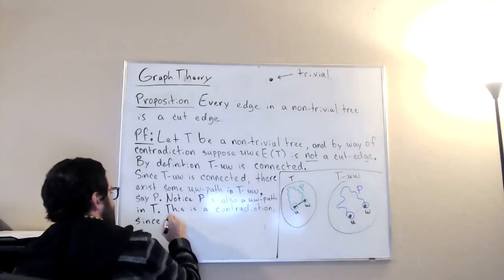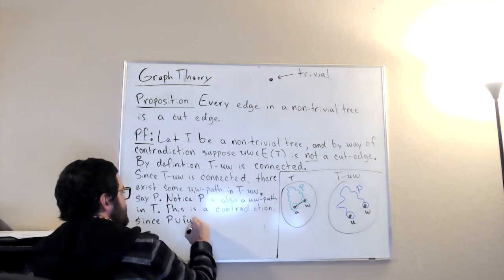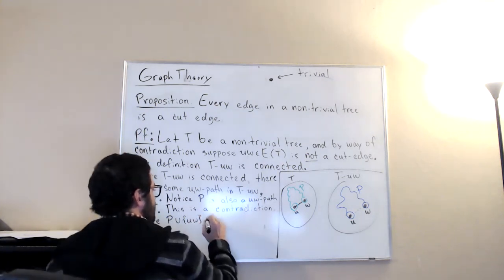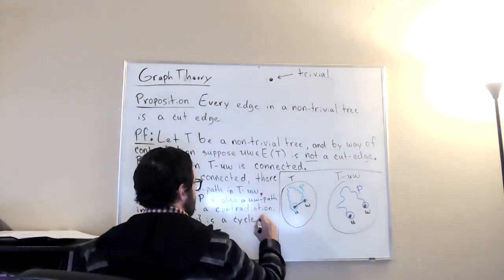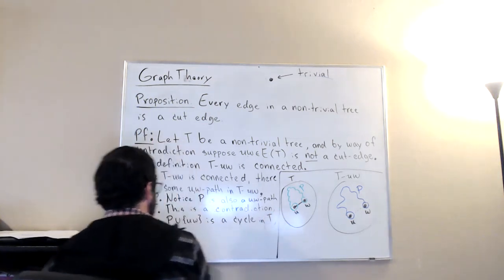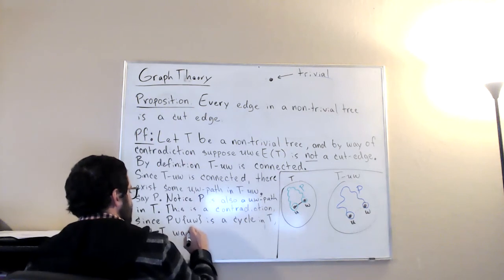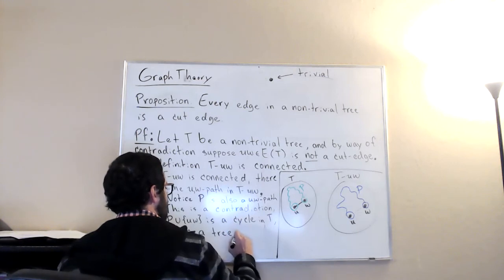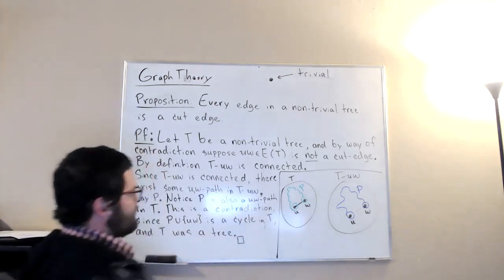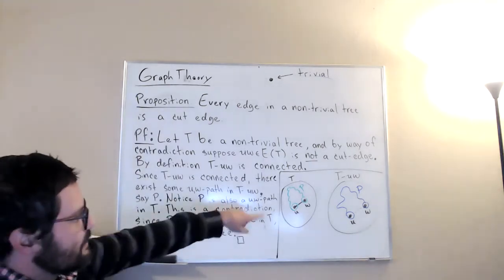Since P union the edge UW is a cycle in T, and T was a tree. Contradiction. So that edge must have been a cut edge, since otherwise we can form a cycle.